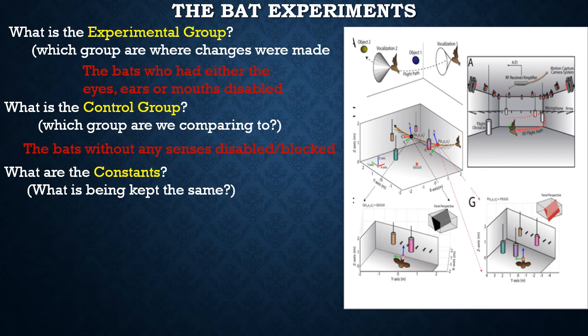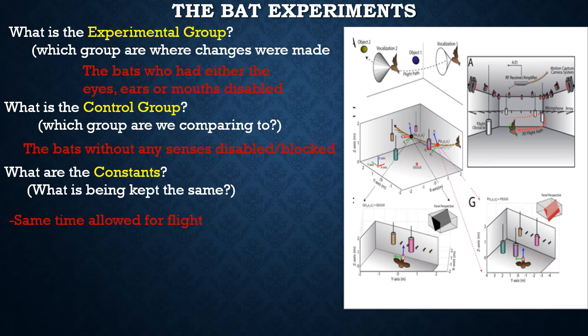Constants. What do you think the scientists had to make sure they kept the same between all these different trials? There should be some fairly easy things you can think of. They had to allow for the same time of flight. So you couldn't measure one bat's time at like 40 minutes and another bat's time at 5 minutes for flying about the room.